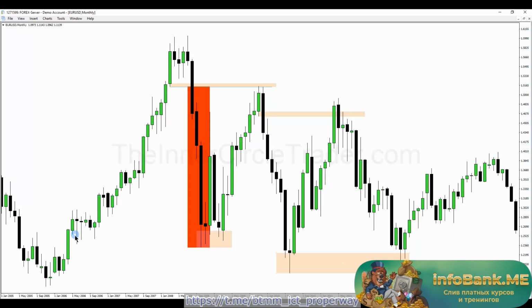The wicks are no significant barrier in terms of institutional order flow. We just know that there's going to be a large reason to expect stops resting below the wicks, or inside the wicks, let's say it that way, but below the bodies of the candle. So what we're seeing is another area at which we have price trading from the bodies of the candle.